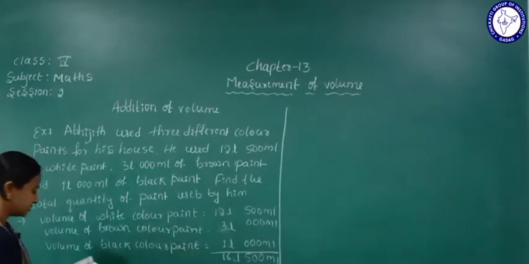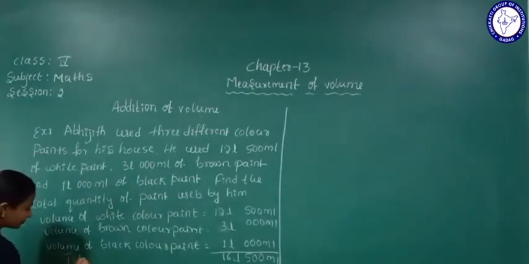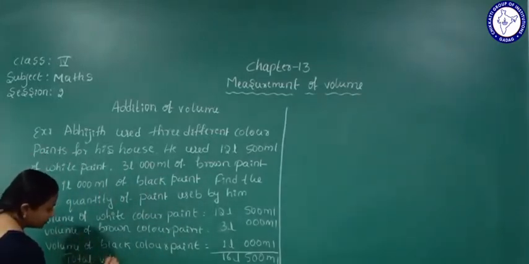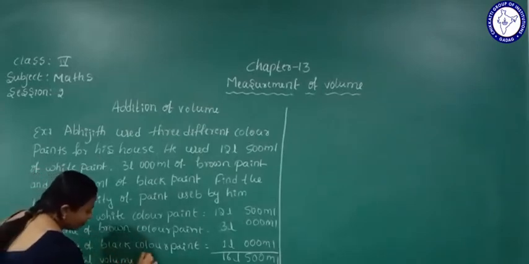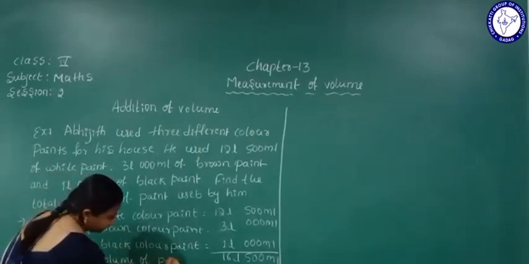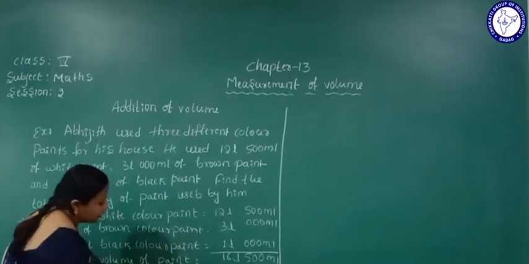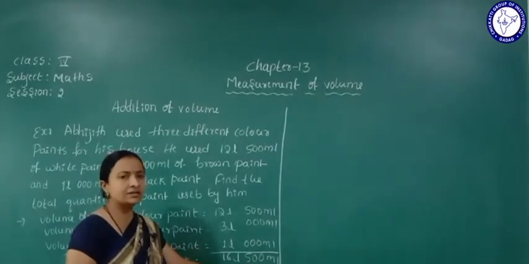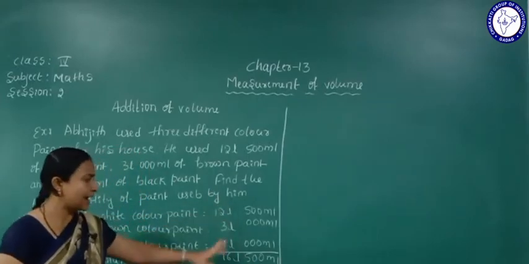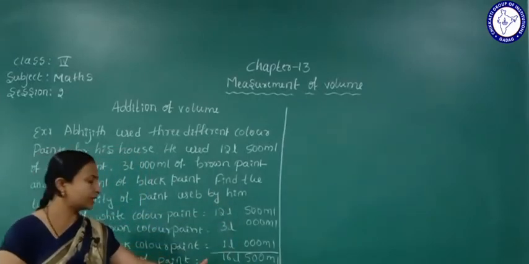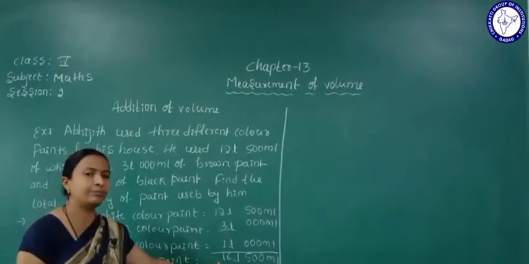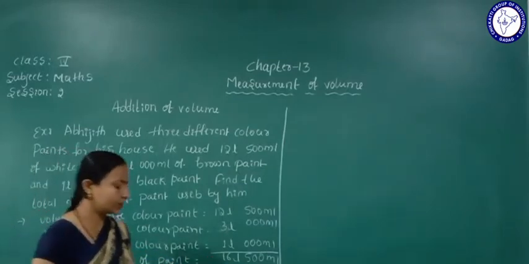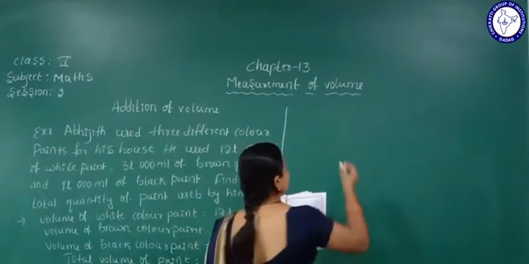So the total volume of paint is 16 liter 500 ml. We add these 3 paints and we get the total volume of paint. Understood this one? Okay.